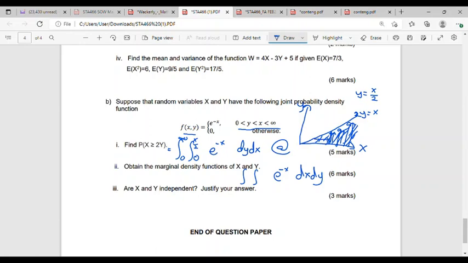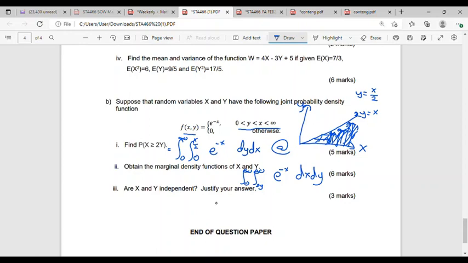So from this line to this side. So from this line, which is the line x equal to 2y. So 2y to infinity. dy from 0 to infinity. So when you integrate, you should get the same answer.